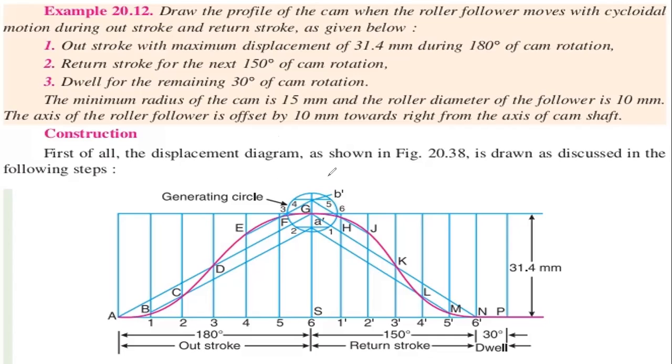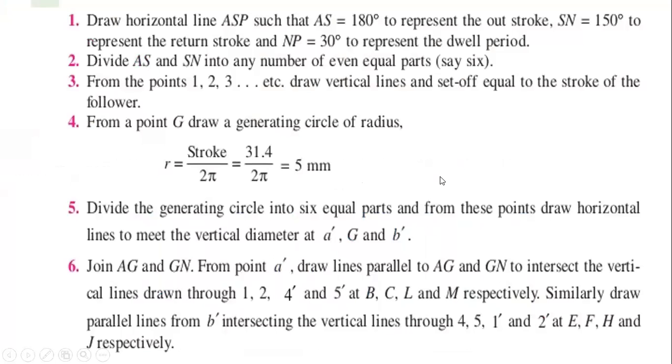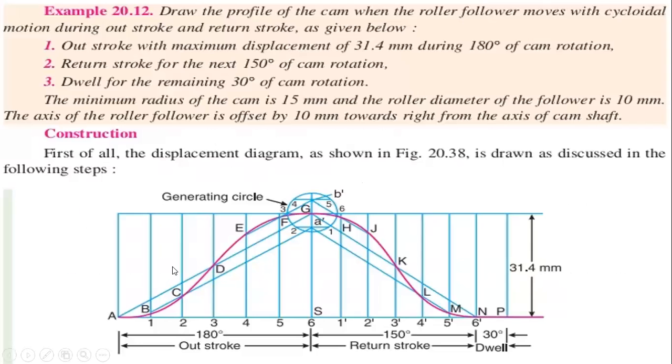After dividing the points, join the lengths from these 3 points. So you have to draw the lines from these 3 points. So join AG and GN.